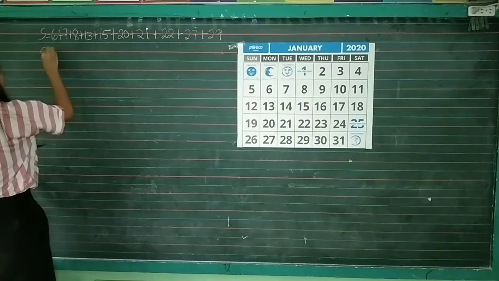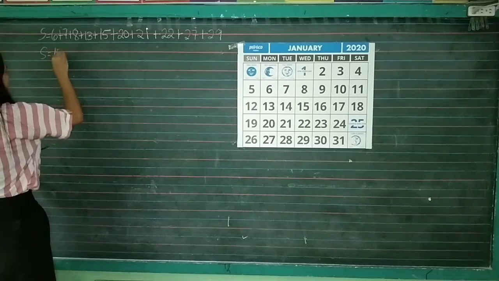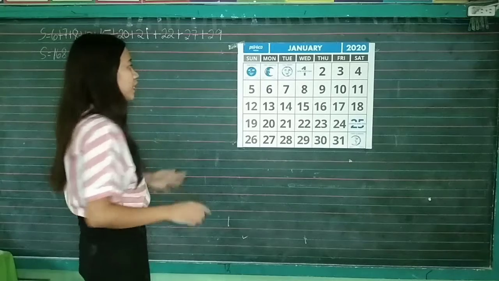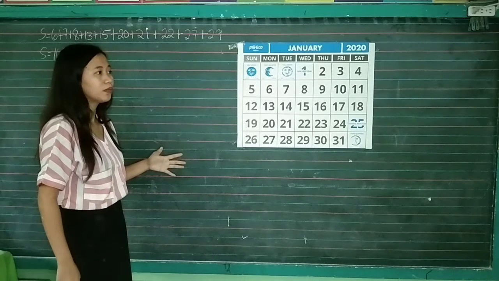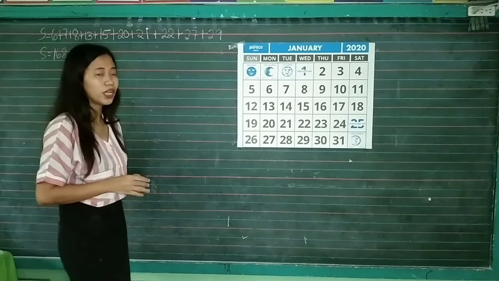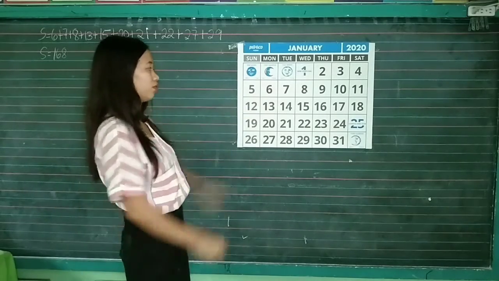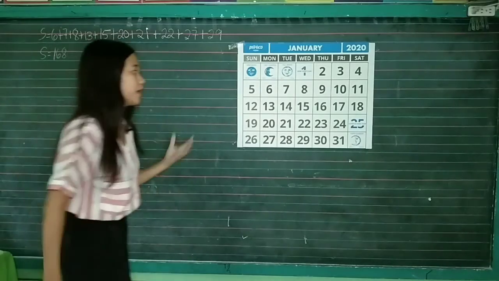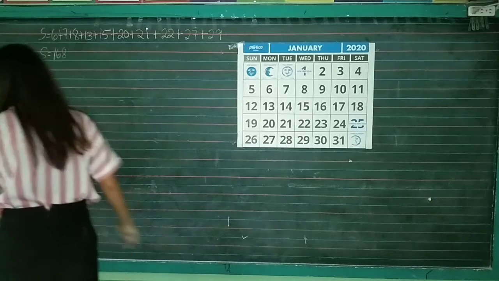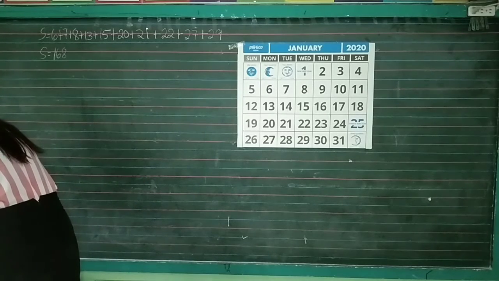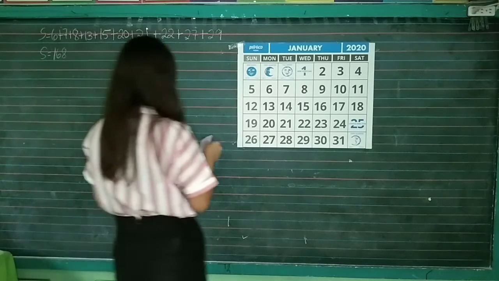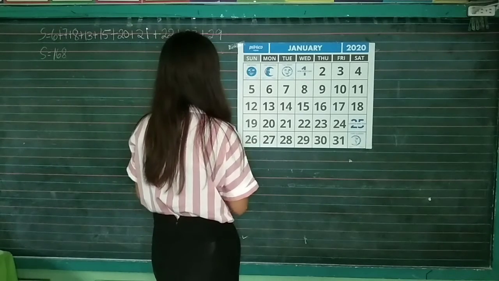So, S, or the sum, is equal to 168. Now, let's change these numbers into variables. Let n be our smallest number, which is 6, so we cover 6 with n.